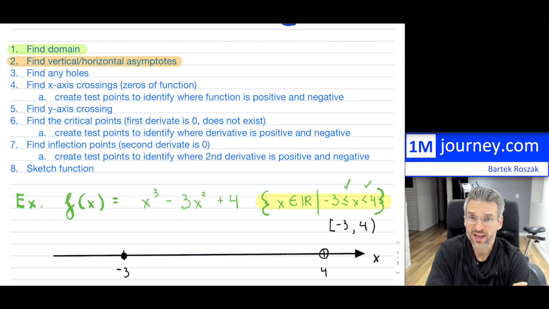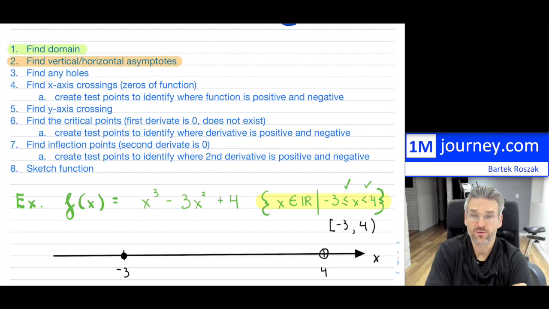If it goes to infinity on the positive side, if we didn't have this constraint of 4, this function is going to blow up on us, and that's what's going to happen with any polynomial.